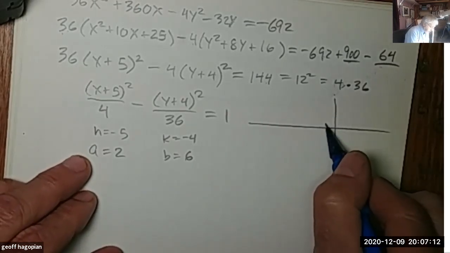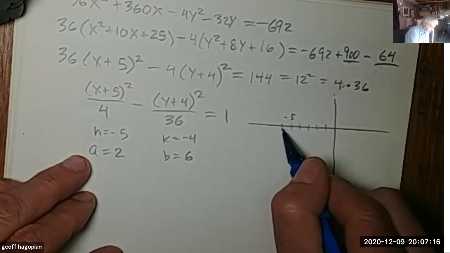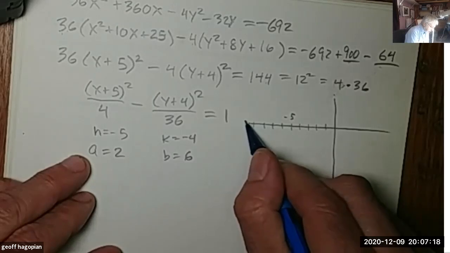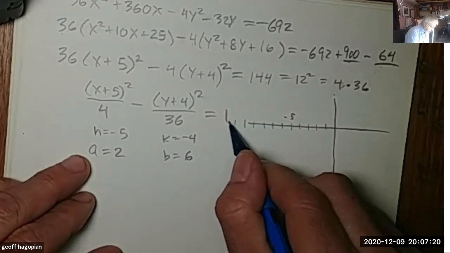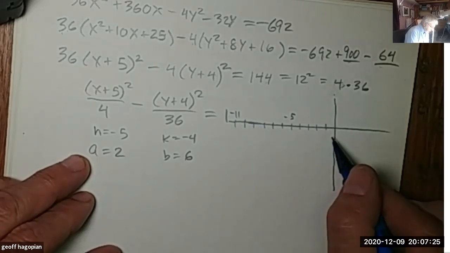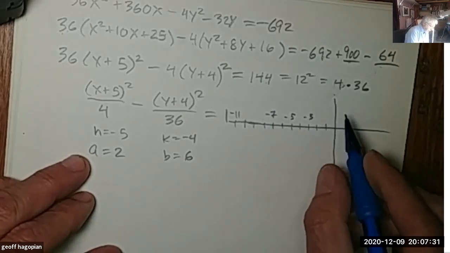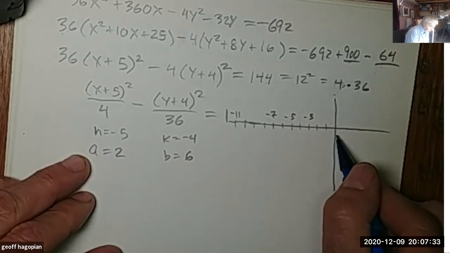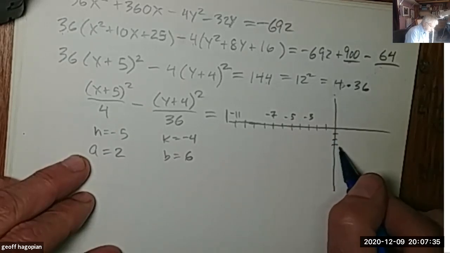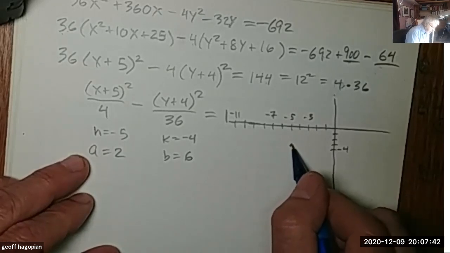And actually, I think we want to go back just 2 to -7, and forward 2 to -3. The y is centered at -4, 1, 2, 3, 4. So here's the center point.